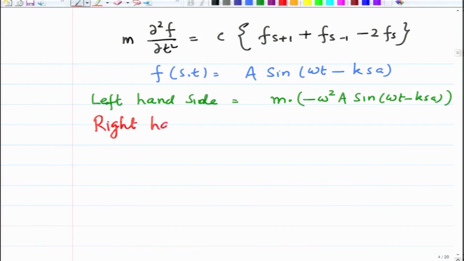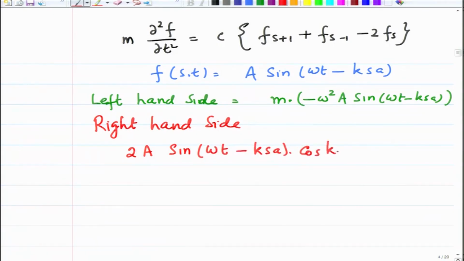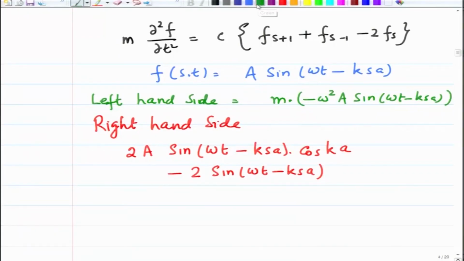which we calculated just now, is 2A sine of omega t minus k S A times cosine of k A, and the last term, which I had not included in the previous slide, is minus 2 times A sine of omega t minus k S A. This simplifies to 2A sine of omega t minus k S A times cosine k A minus 1.